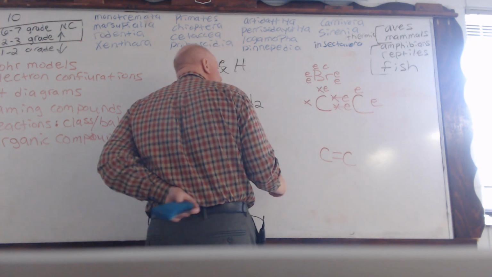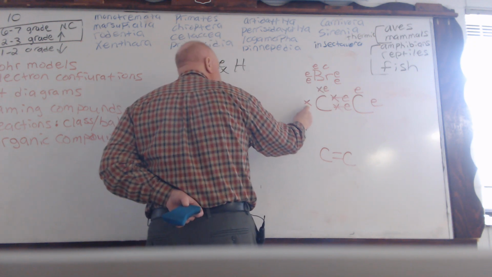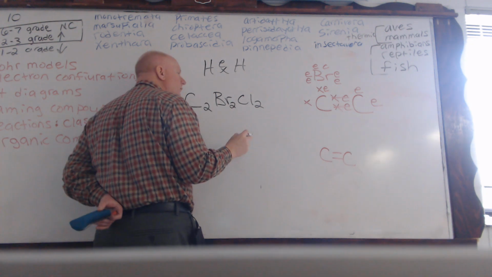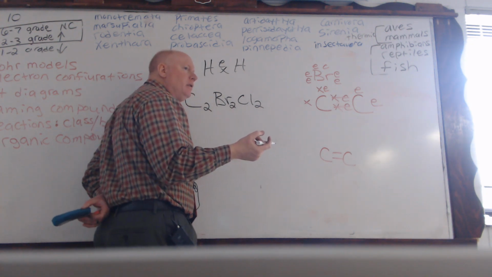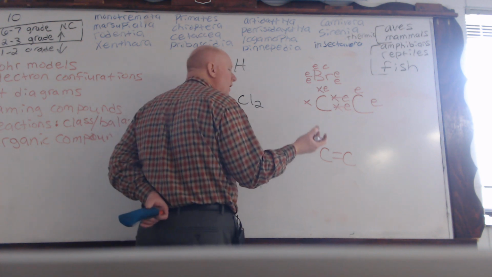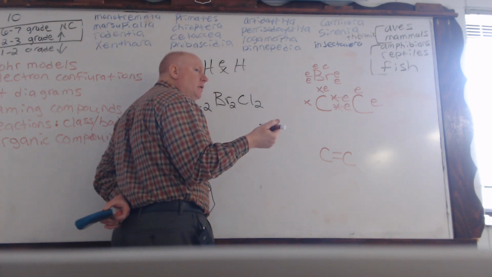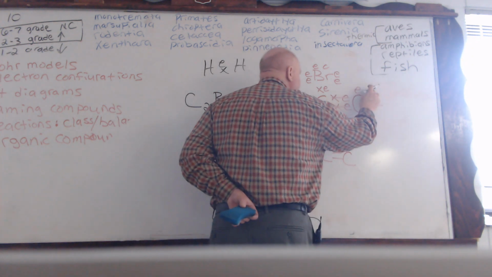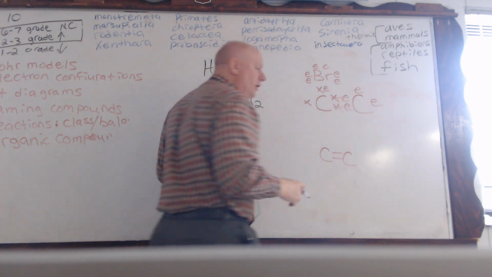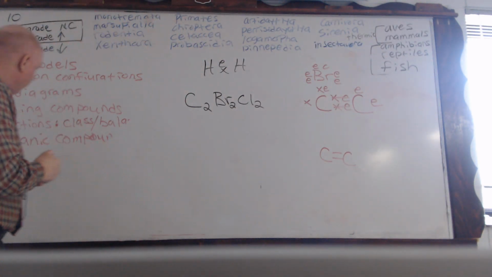Okay? What do you suppose you would do with this X? Maybe another bromine. That would be chlorine. You can do chlorine or you can do bromine, it doesn't matter. Should we put the other bromine over here? You can. Put the other bromine on top of the carbon. If we put it on top of it, is it gonna be a double bond?